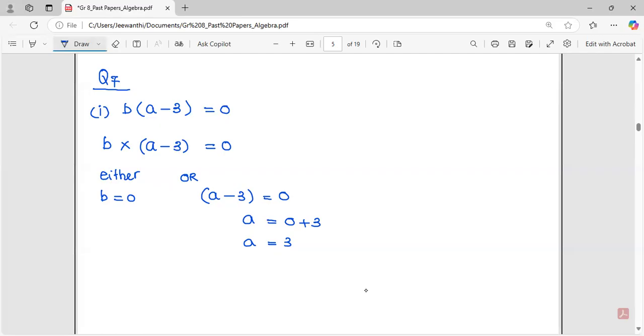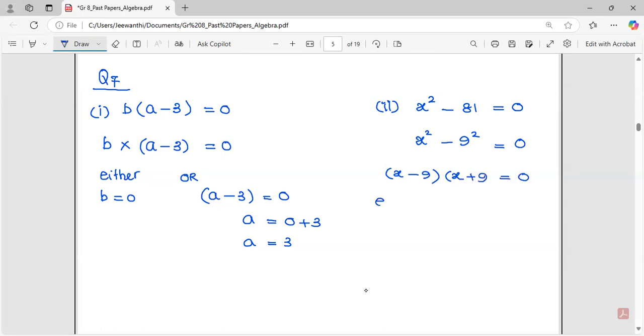The second part, Roman number 2, I have x squared minus 81 equal to 0. So then how am I going to write? x squared minus 9 squared is equal to 0. So then I write x minus 9 and x plus 9 equal to 0.